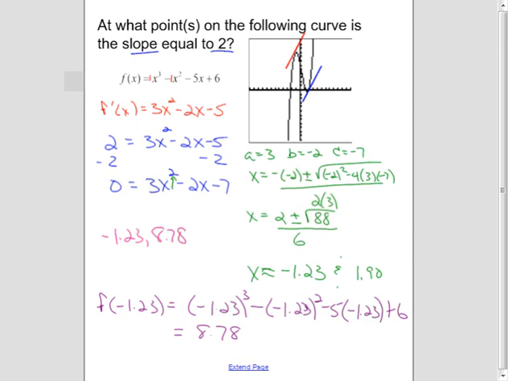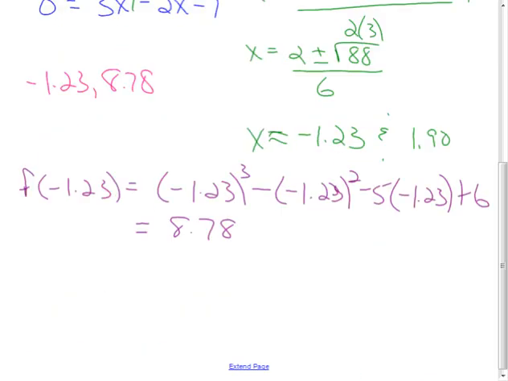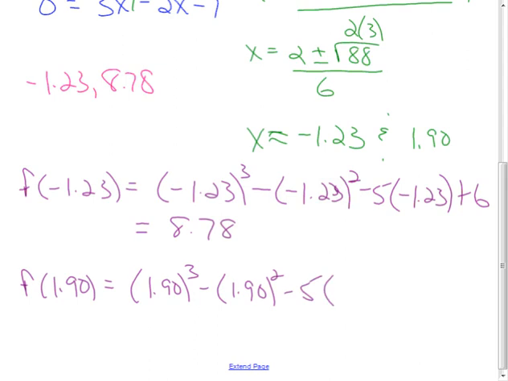Now I've got one more point I need to find, so I will continue with that. I need to compute f at 1.90. That's going to give me 1.90 cubed minus 1.90 squared minus 5 times 1.90 plus 6. And again, pay attention to how much work your teacher wants you to show.